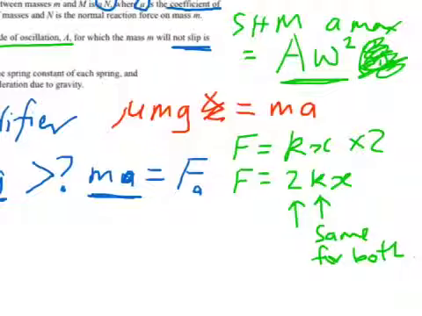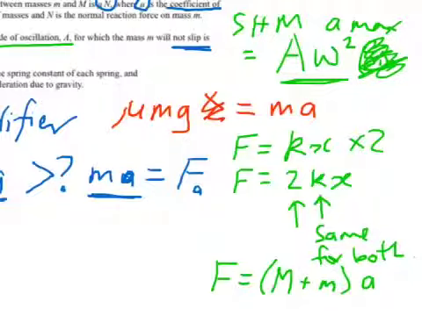So another little part, because there's lots of aspects of this, is that the force is also equal to, this is the maximum force beyond which they'll slip, which means you're accelerating both of those masses, the big M and the little m, so it's going to be big M plus little m times A, and that's going to also give you an expression for the force.